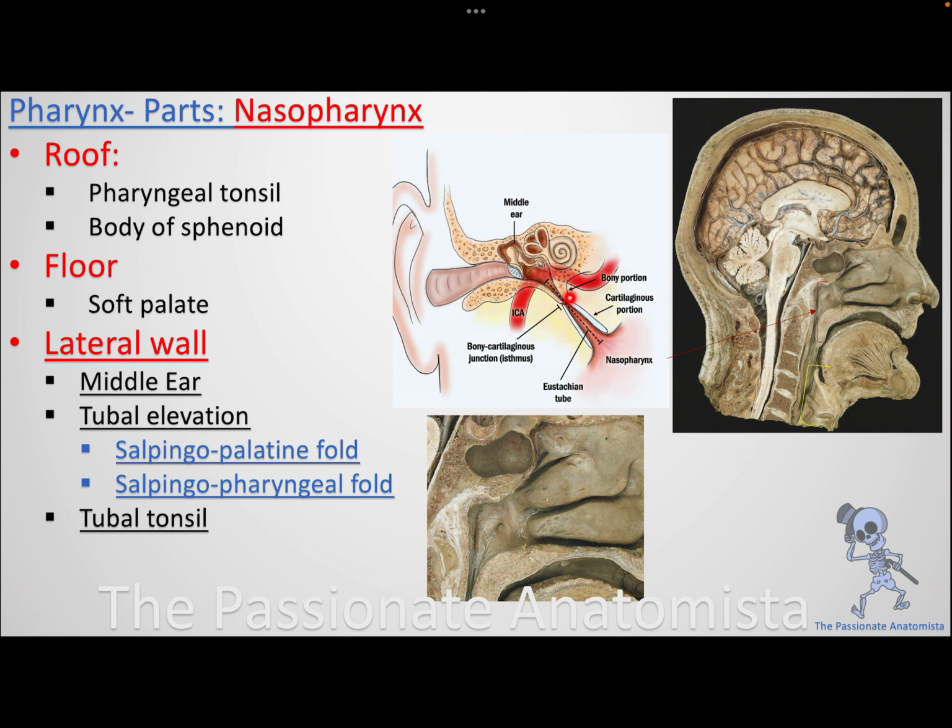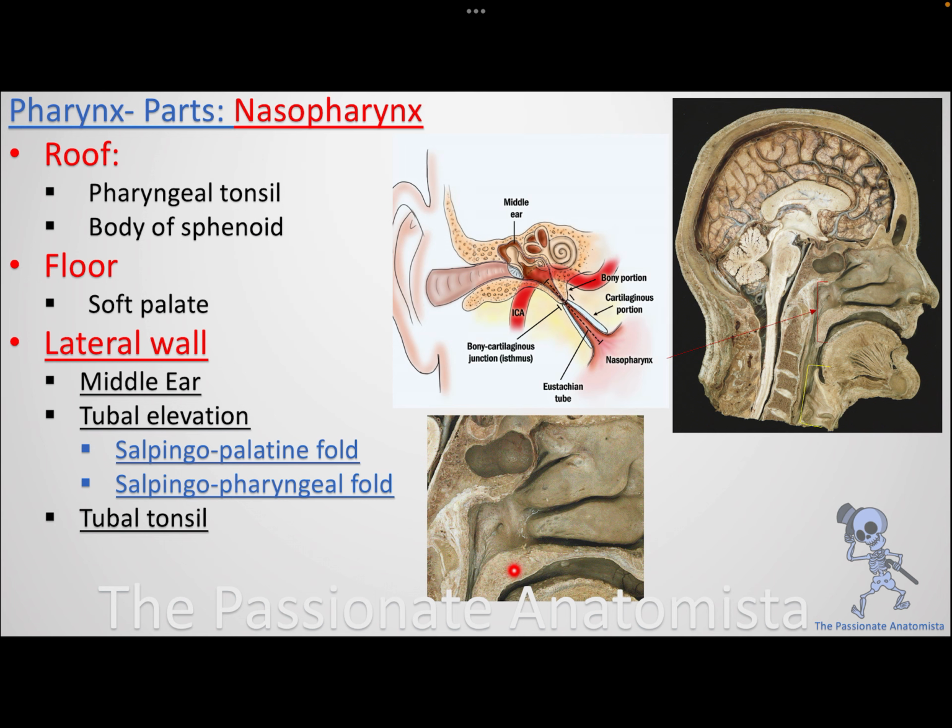So although this canal, the auditory tube, is normally closed, if there is a change, as you yawn or try to chew something, and you contract the muscles around the cartilaginous part of your auditory tube, which are the salpingopalatine and salpingopharyngeal, you're going to open the canal to equalize the pressure.